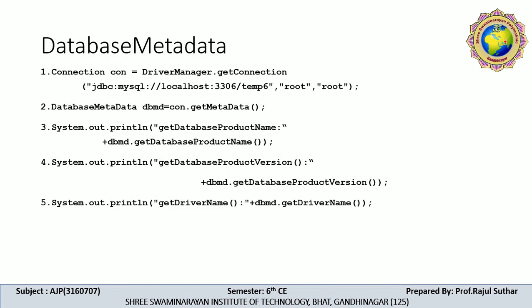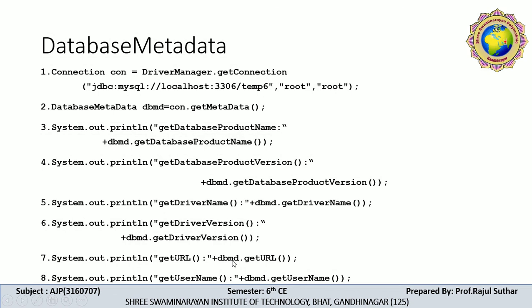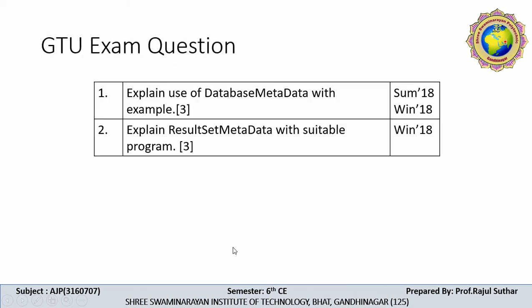System.out.println we require the getDriverName plus dbmd.getDriverName. System.out.println we require the version, so plus dbmd.getVersion, the URL, and the name of the user.